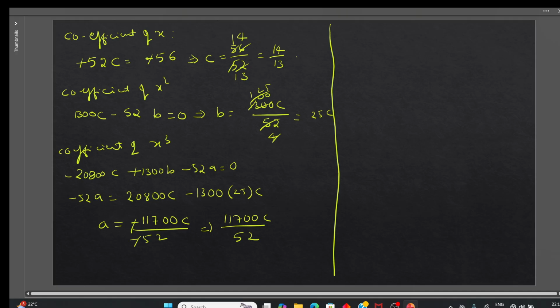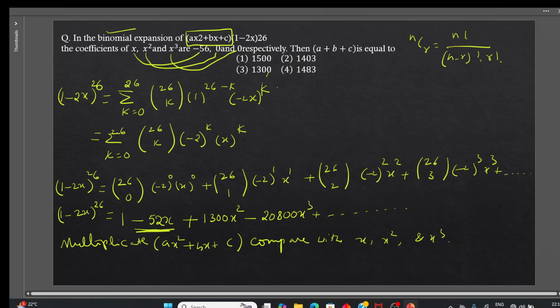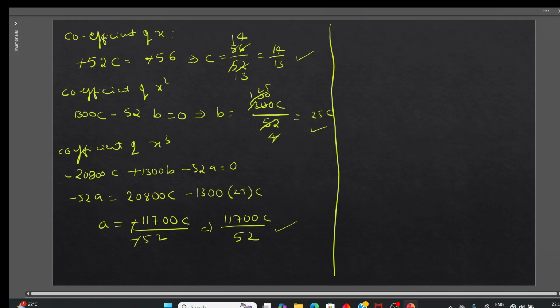You observe we get the c value, the b value and the a value. The question is a plus b plus c is equal to what? What is the a value here? 11700c by 52 plus the b value 25c plus c. Write down the c value, later you take the c value.